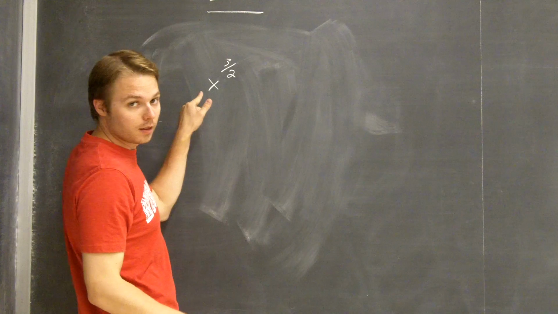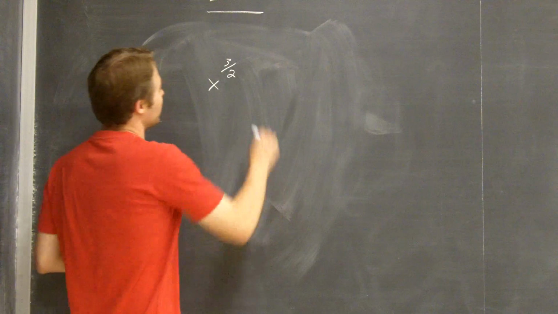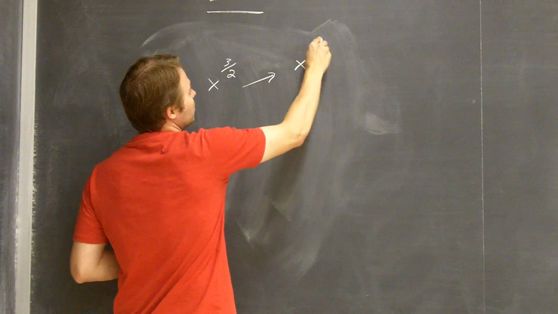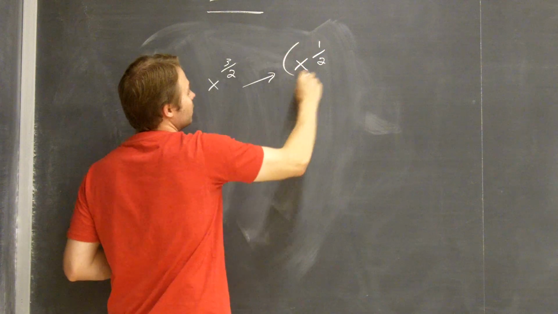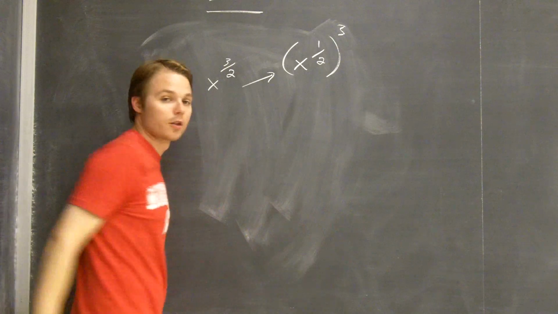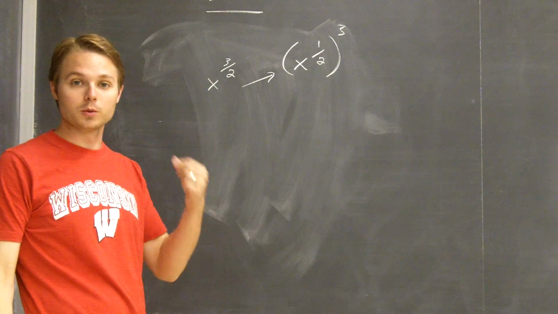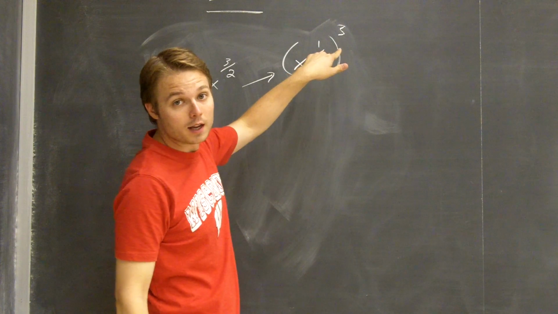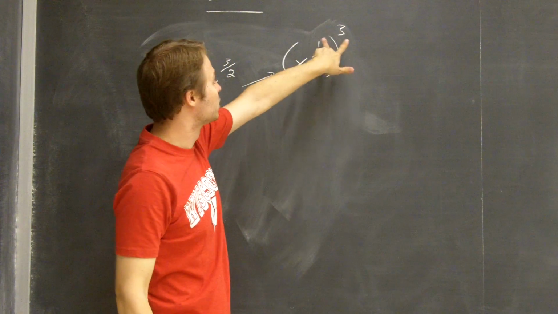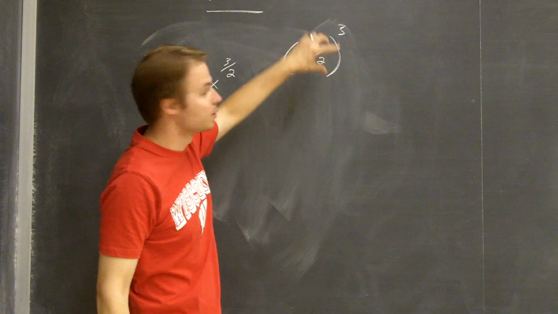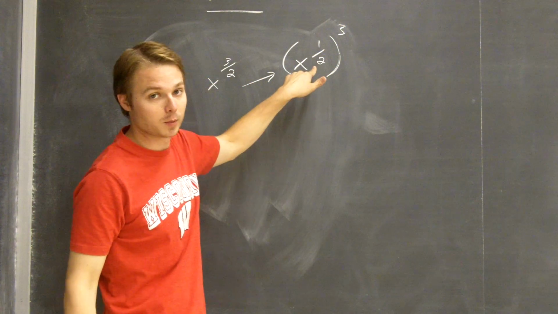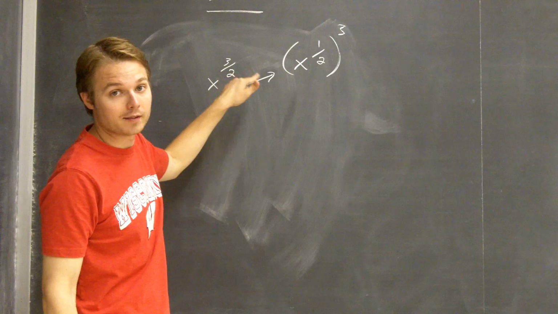I can take this expression and break it up into x to the 1/2, all raised to the 3rd power. If you remember our exponent rules, if you have something to a power and then that's raised to another power, you just multiply the two numbers together. So this is an equivalent statement, because 3 times 1/2 is just 3/2.